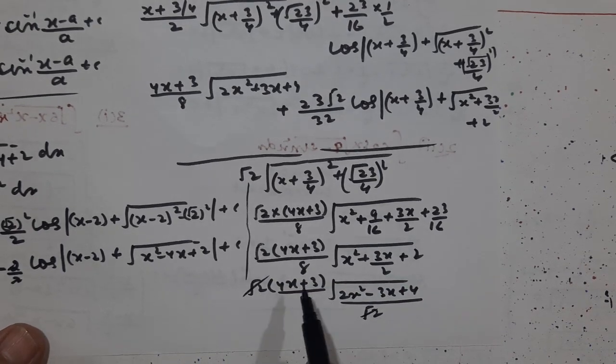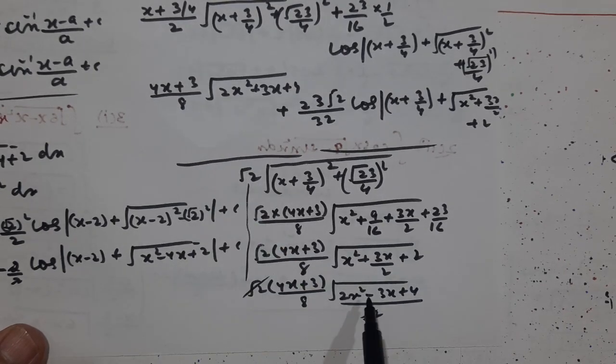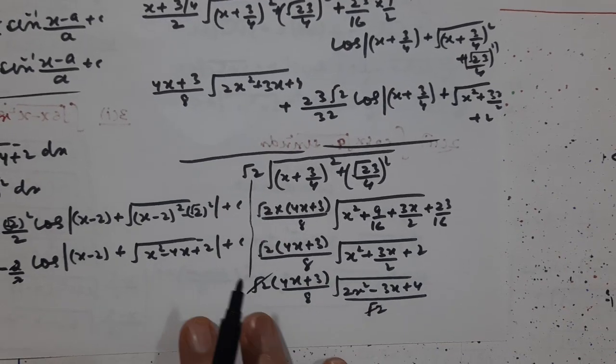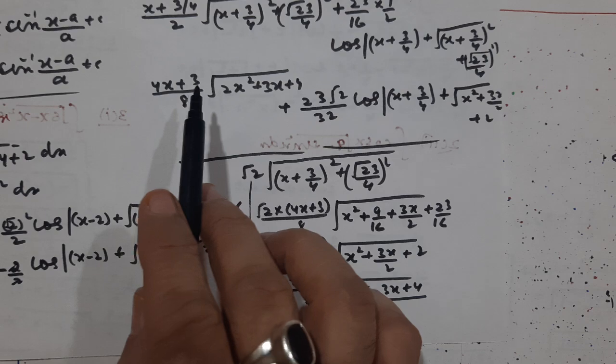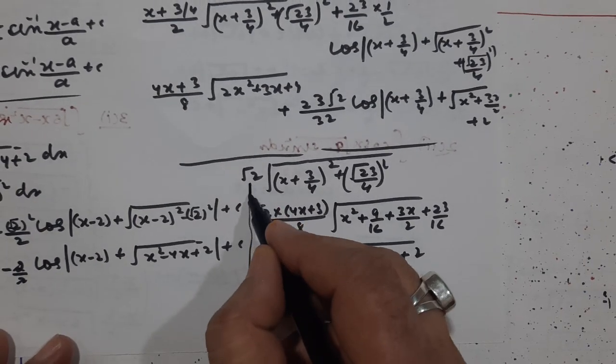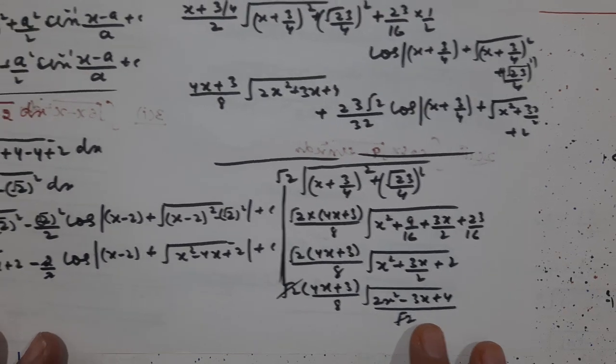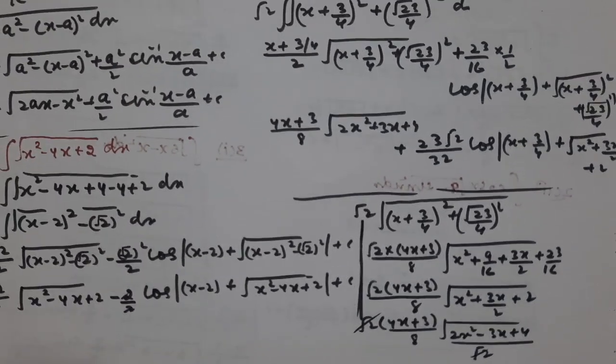So we are getting 4x plus 3/8 and under root 2x square plus 3x plus 4. So students, this is how we have solved it. You can see and note down all these points. Students, I hope this is clear to you.